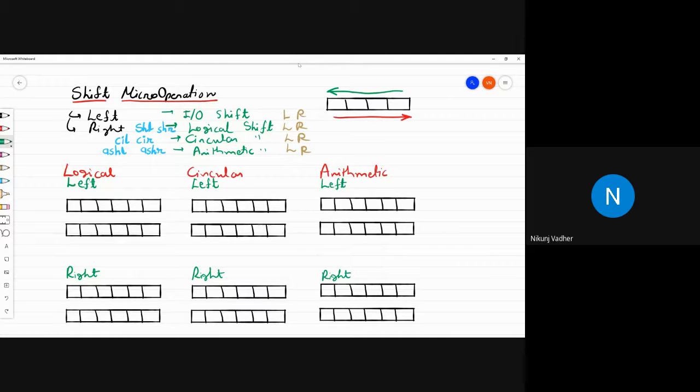Okay, so let's write some value into the register, and then we will see how it works. 1 0 1 1 0 1.